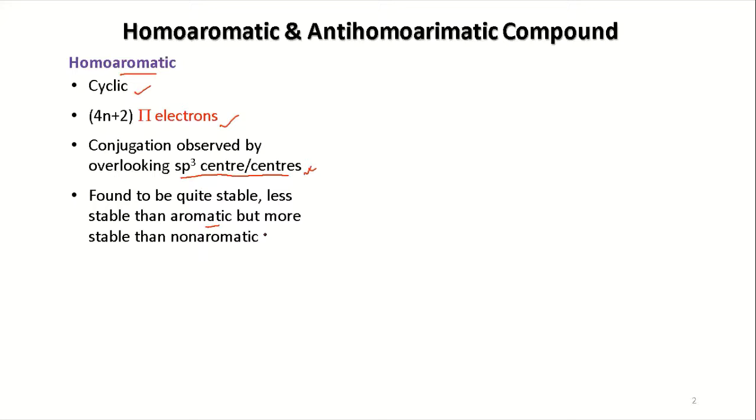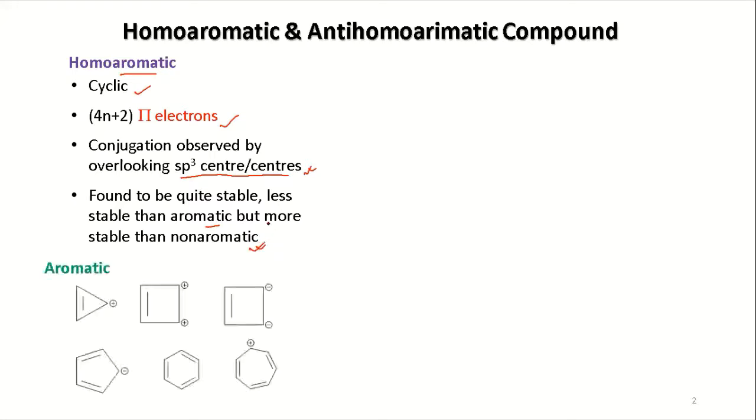The extension of conjugation or pi delocalization is happening by overlooking the sp3 center, which is not as convenient as for an aromatic compound. So that's why the stability will be less than aromatic, but its stability is more than non-aromatic compound.